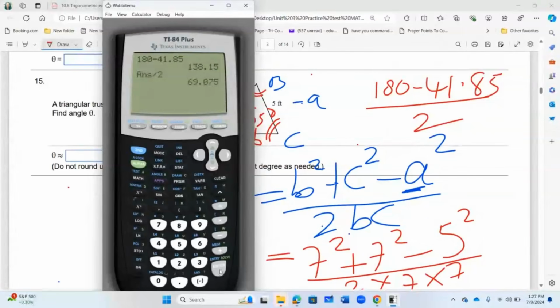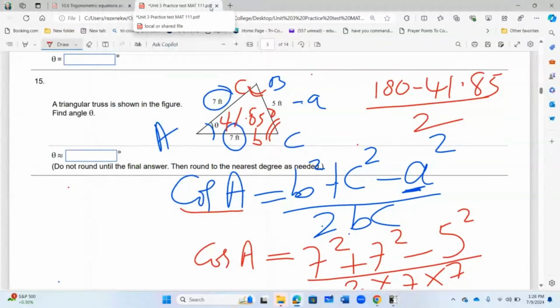So that is 69.08 to 2 decimal places, or to the nearest hundredth. So the angles are 69.08 twice and 41.85.